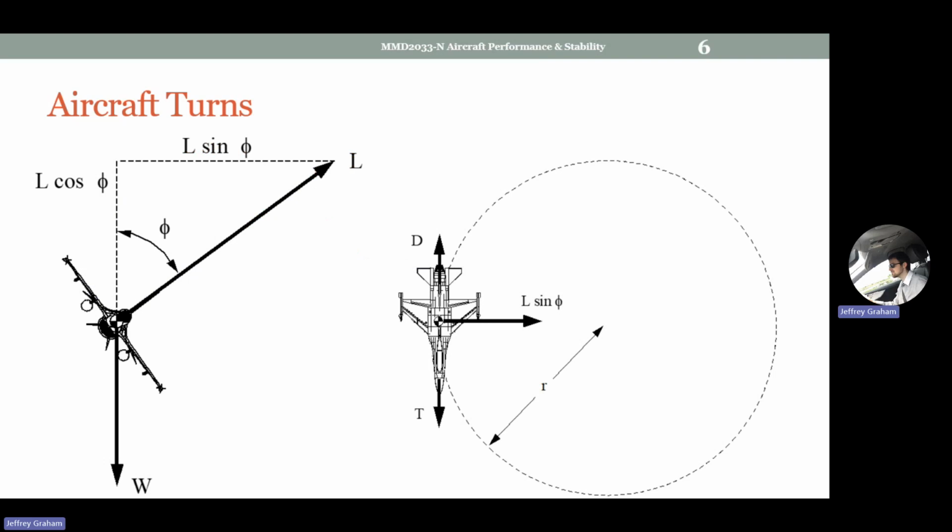Right, a couple of diagrams to look at. We've got two diagrams. The left one shows the aircraft head-on as it starts to turn through a horizontal bank. The right-hand diagram is the same aircraft, but a top-down view.